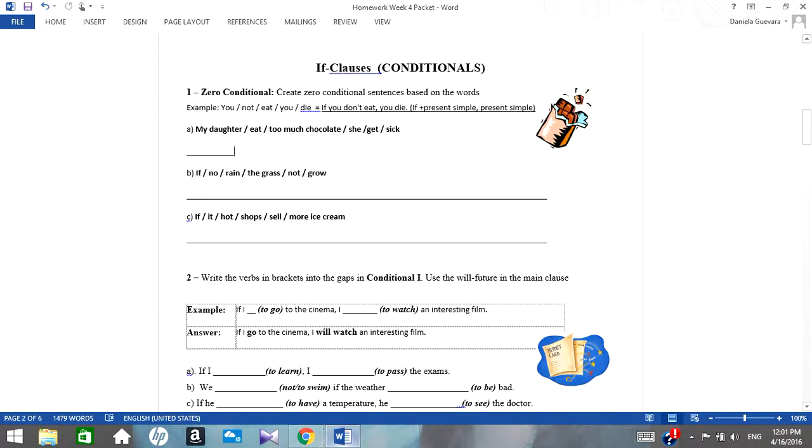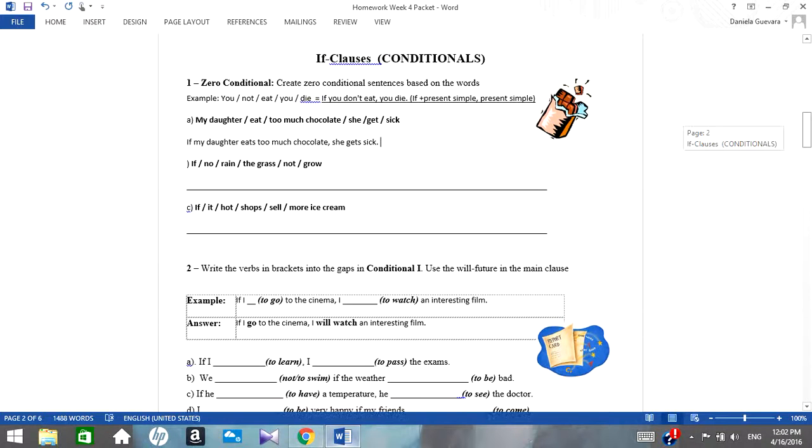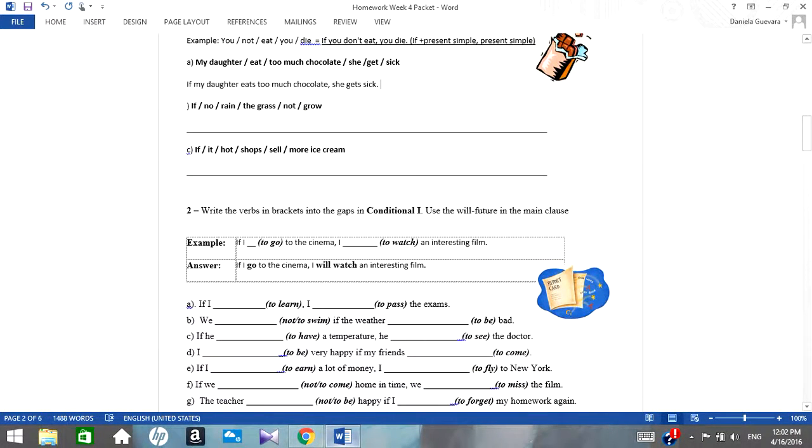My daughter eat too much chocolate, she gets sick. So let's say if my daughter eats too much chocolate, she gets sick. Right? Both of my verbs are in the present tense. If no rain, the grass not grow.